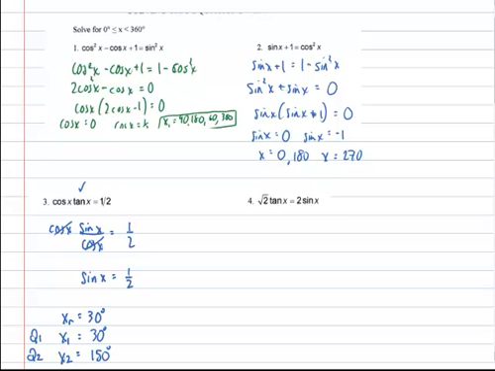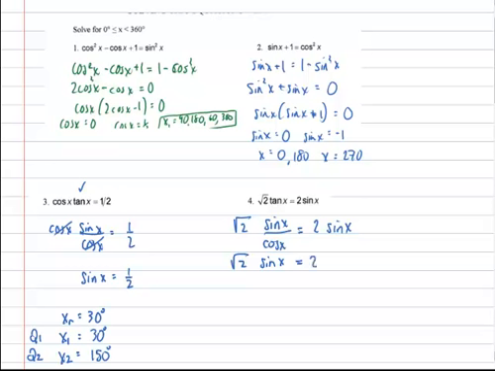Moving along, we use the same approach on this one, and we have sine of x over cosine of x for tangent. And on this side, we have 2 times the sine of x. Now, in this case, we're going to cross multiply by cosine of x because we don't want to just get rid of it. Well, we can't get rid of it.